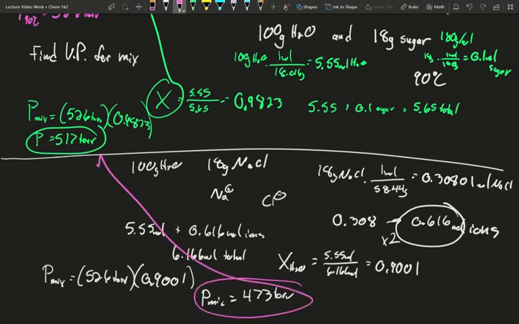That's a rather significant difference, despite having the same weight of something dissolved in my water. Because of how many particles that represents, it actually affects our vapor pressure differently.